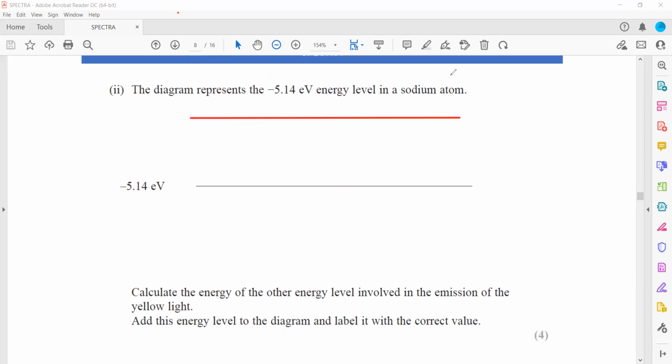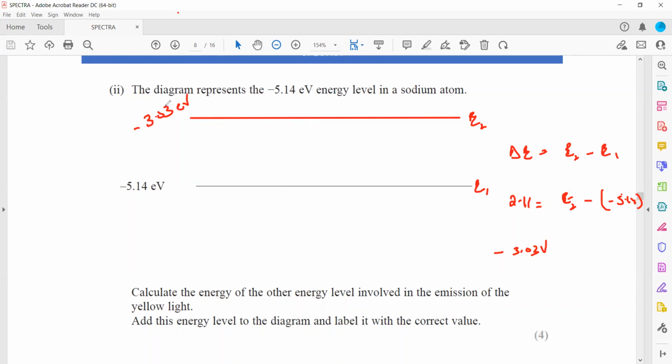The formula is E2 minus E1 is equal to delta E. So we know the energy difference, which is 2.11. We don't know the final, and we know this is 5.14. So minus minus plus, it will move to the other side, so it will become minus 3.03. So it means the energy of the second level is minus 3.03 electron volt.